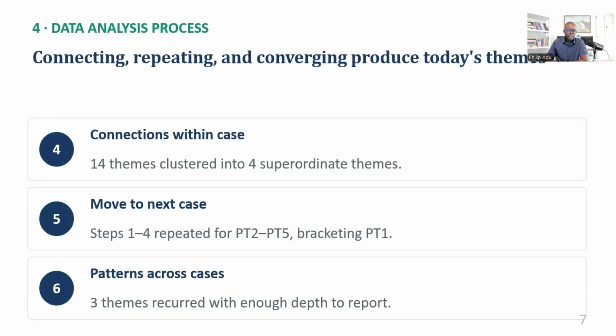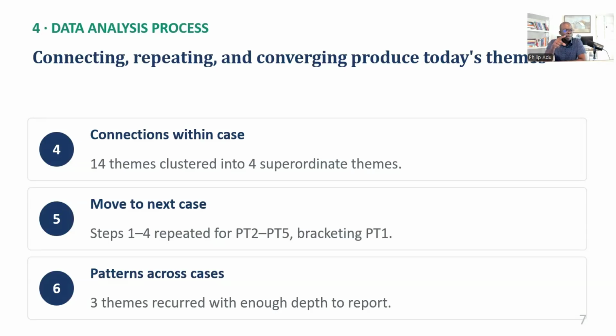So next, after developing emergent themes, I explored the characteristics of each of them and saw whether I could cluster them based on the commonalities among them. And at the end, I came up with 4 groups, which became 4 superordinate themes, right?